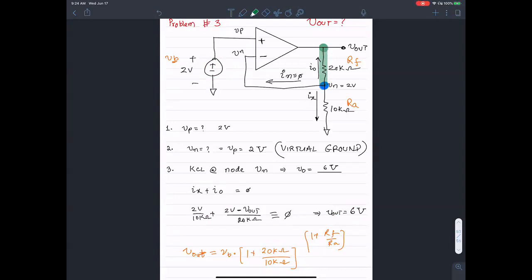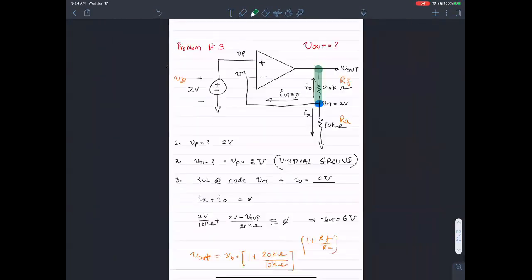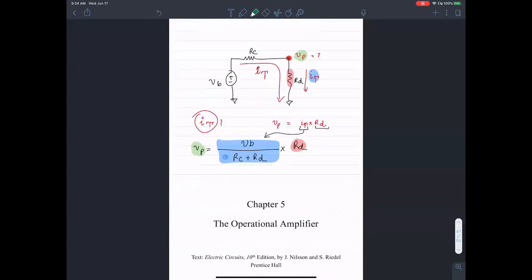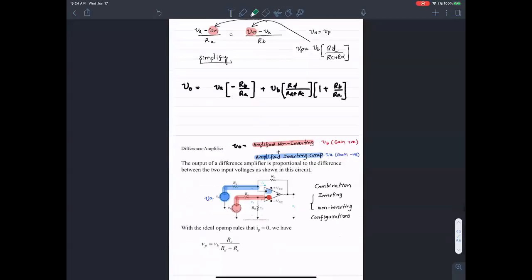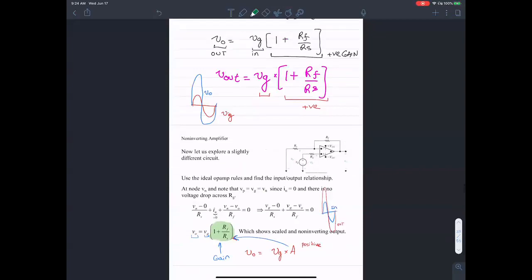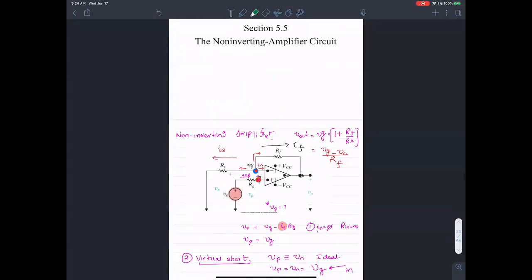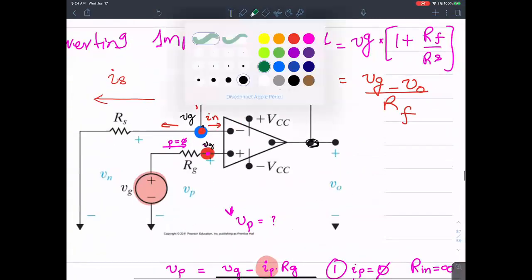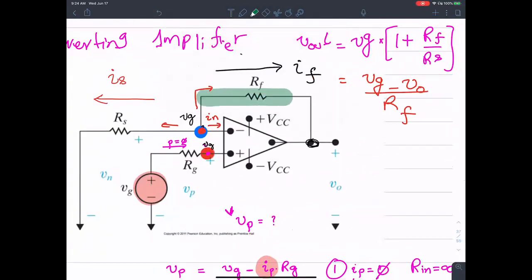So my understanding is that when you're looking at the non-inverting configuration, let me go all the way back to the non-inverting configuration. That's right here, right? There is one resistance that ties the output back to the negative terminal.